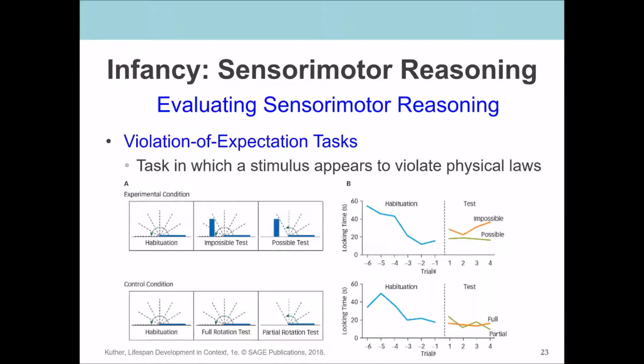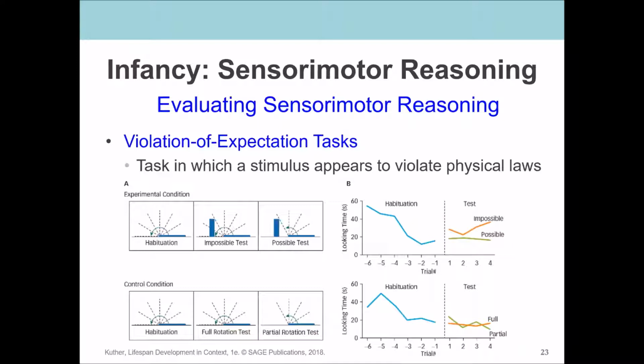Now, Piaget suggested that object permanence didn't come about until about 8 months of age, but more recent research has shown that, in fact, infants show quite a bit more understanding of object permanence. It's just that his task might have been too difficult.